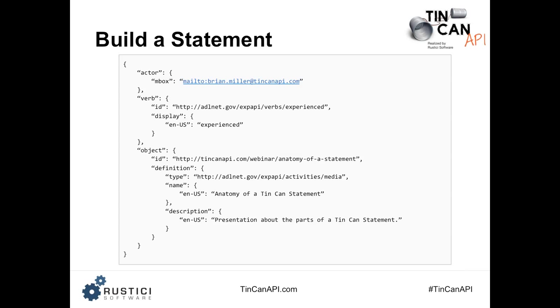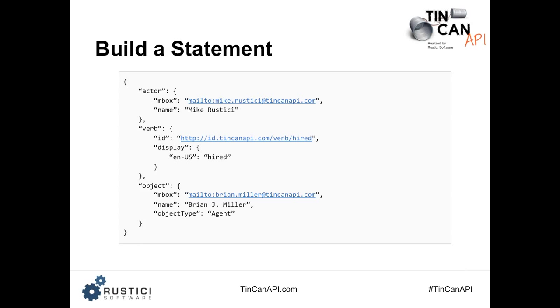We have two language maps, again, name and description. In the short one, I have a brief name, and then in the second one, I have a relatively brief description. The length of these is left open. One thing to note at this point is that my statement is spec compliant and it can actually be sent to an LRS. So I have a complete statement here.